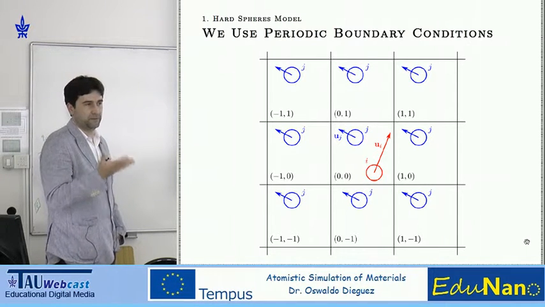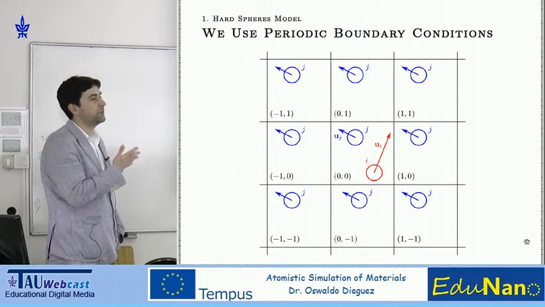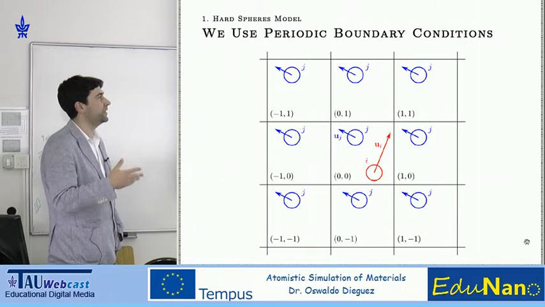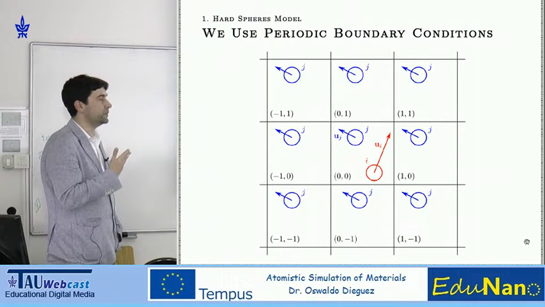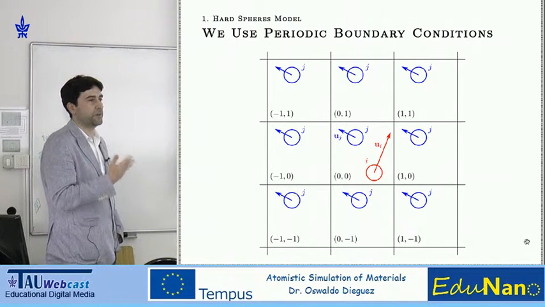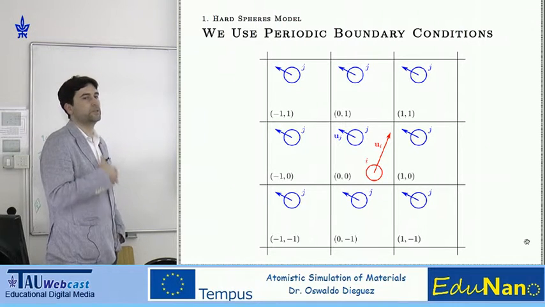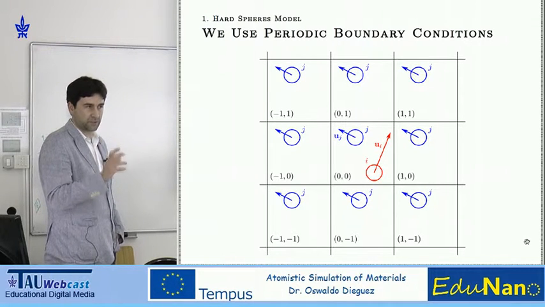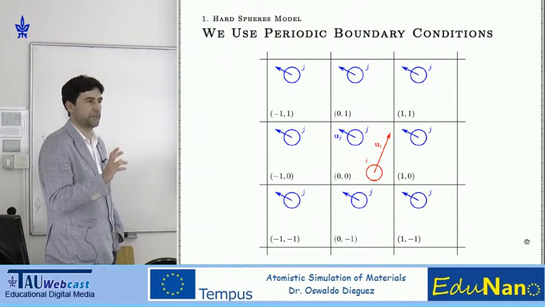This can be done, but it's simpler and better for convergence of the simulations to use what are called periodic boundary conditions. Instead of real walls, our system is always inside the box, in some region of space.